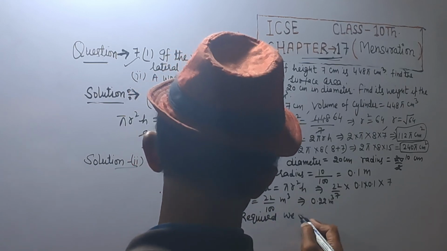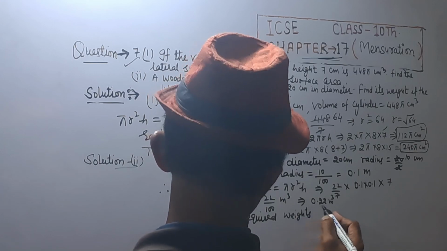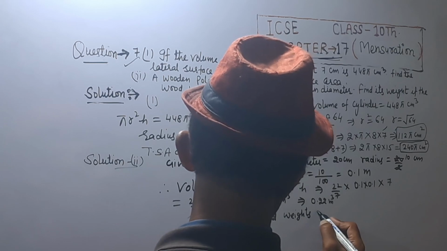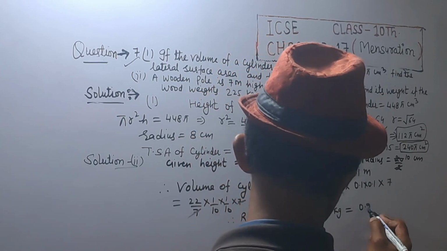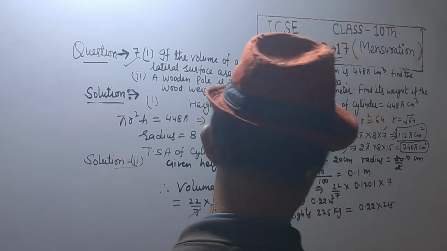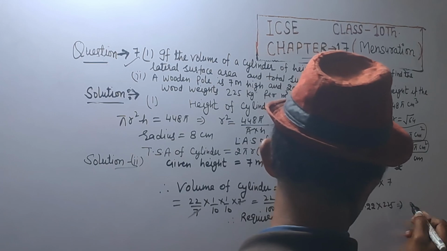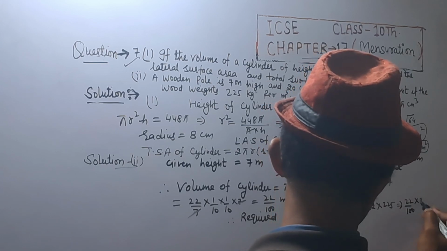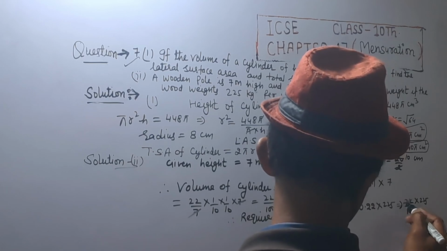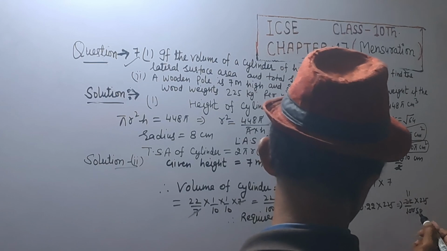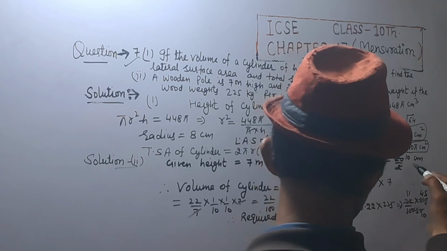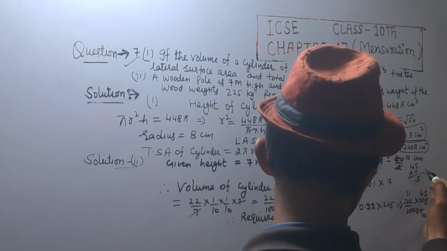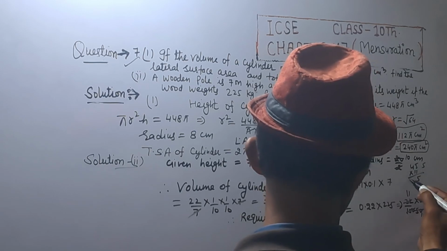Required weight 225 kg per meter cube is equal to 0.22 into 225, which implies 22 upon 100 into 225. 45 into 11. 11 5s are 55, 5 carry, 11 4s are 44 plus 5, that is 49.